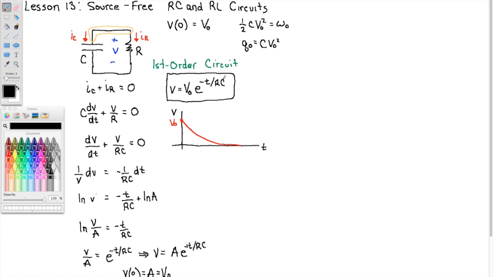But first of all, let's look at the units of R and C. So over here on the side, I'll do this in green. So R times C units. Well, we know that resistor is ohms, but from Ohm's law, that's V over I. So the units of an ohm is a volt divided by an amp.